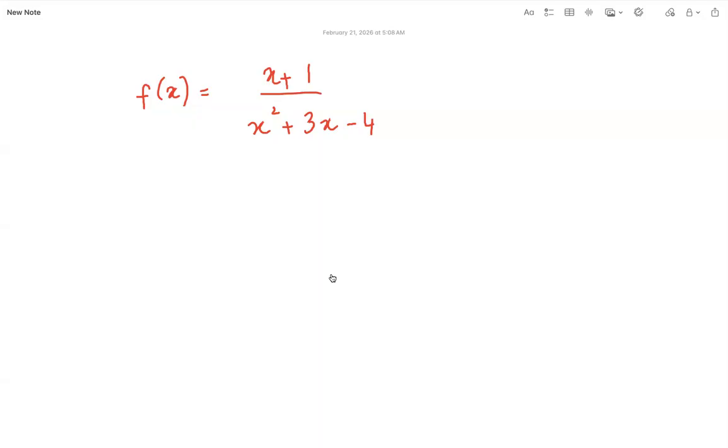It does have a vertical asymptote. I thought it was a slant asymptote question, and then I looked at it and was wondering, isn't that just a horizontal asymptote? There is a vertical asymptote.